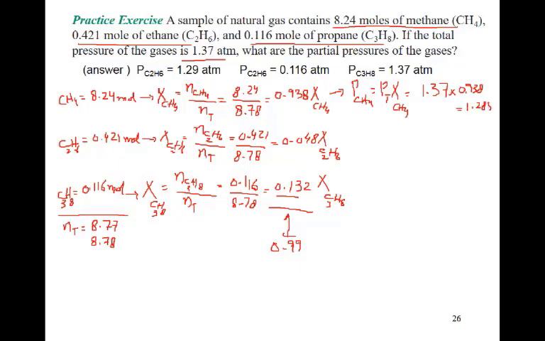If you round it, it will become 1.29, and that is our answer. The unit will be atmosphere.